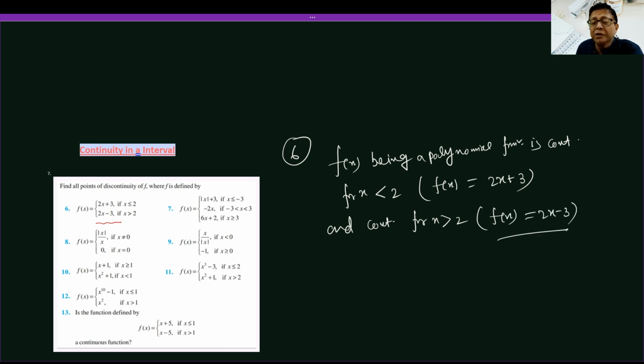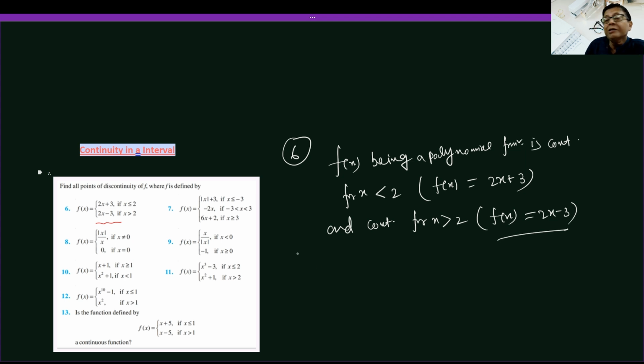This is also a polynomial function. But a problem arises probably at the point x equal to 2. Why? Because the nature of the function is going to change. We doubt continuity at x equal to 2.